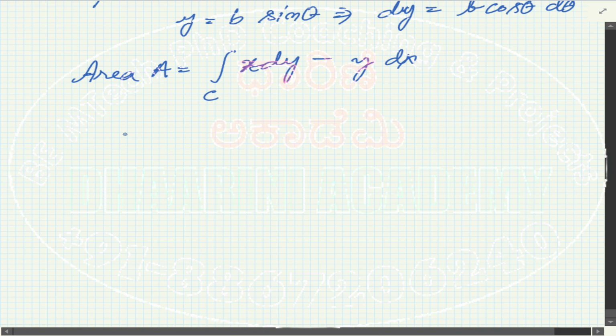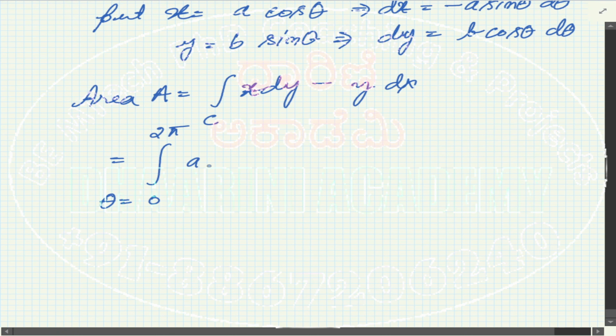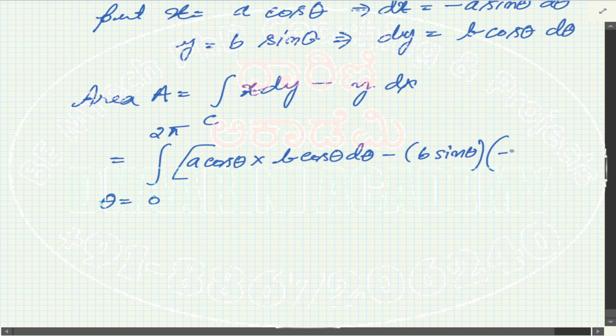So this is equal to integral 0 to 2 pi of x dy minus y dx. x is a cos theta into dy is b cos theta d theta, minus y is b sine theta into dx is minus a sine theta d theta.